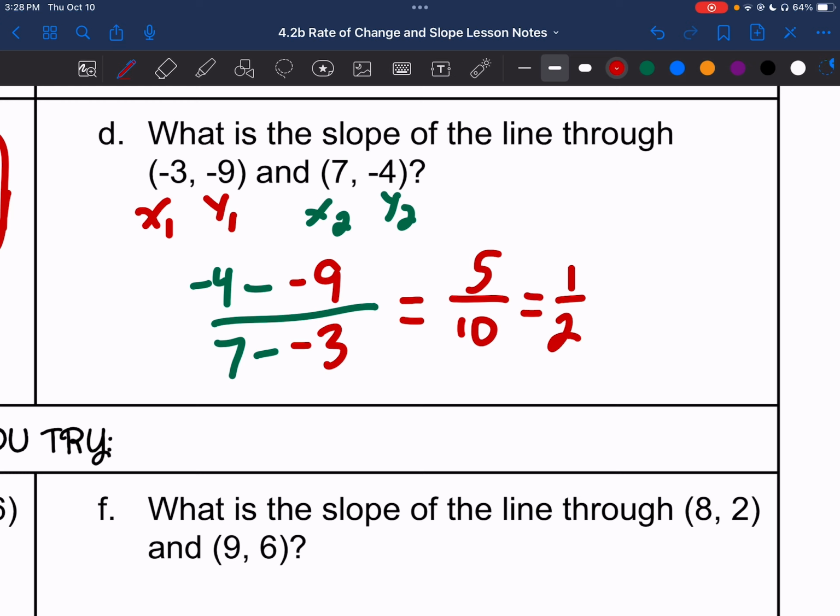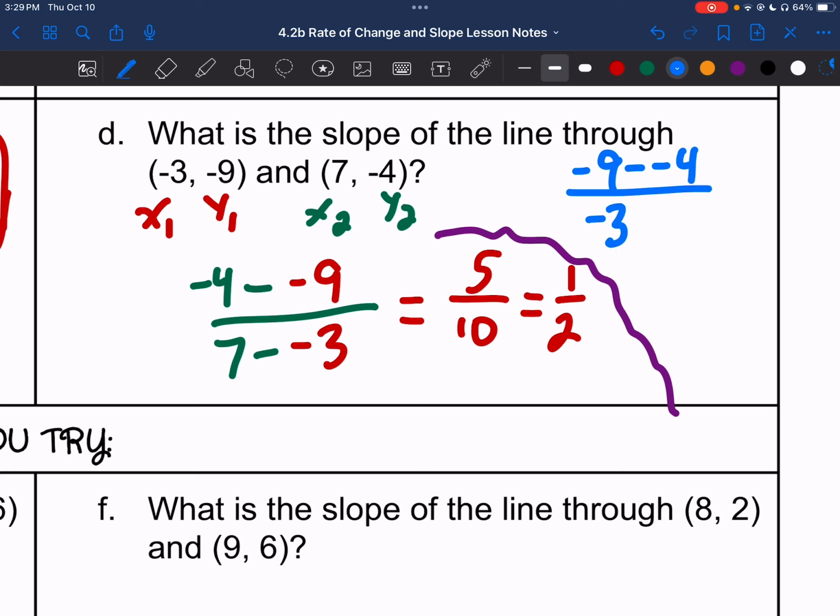Now, let's do a little alternate universe here. And let's say I flipped those around and I did y1 minus y2. So if I did negative 9 minus negative 4 over negative 3 minus 7, what am I going to get?